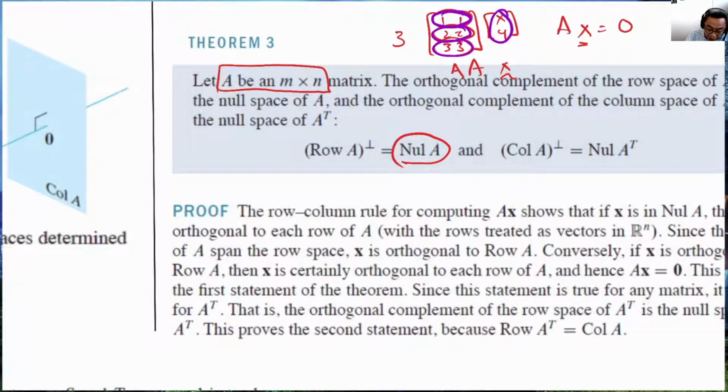This is exactly what the null space is. It is the set of solutions that will make Ax equal to 0. So it means that actually the null space is the orthogonal complement to the row space of A. The details are in this paragraph.